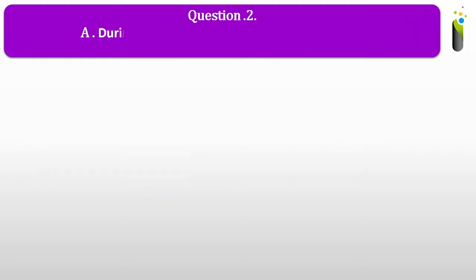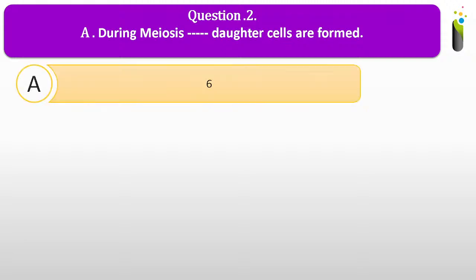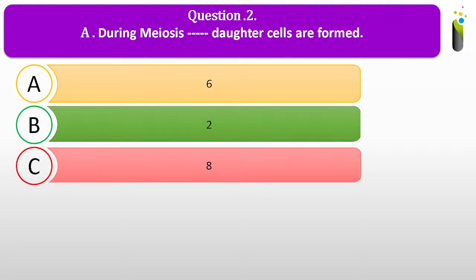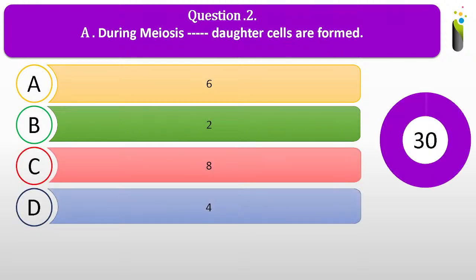Going ahead with question number 2, sub-question A. During meiosis, dash daughter cells are formed. A. 6, B. 2, C. 8, D. 4.